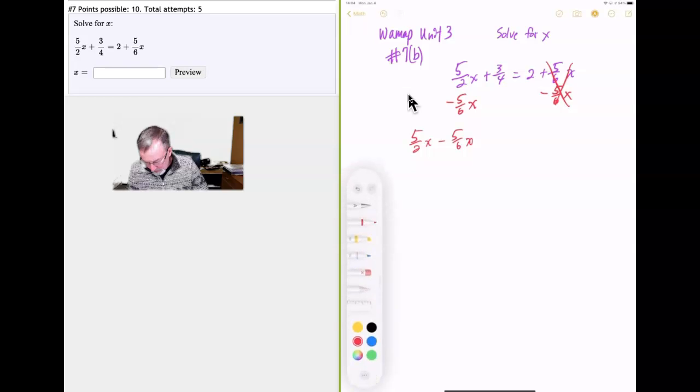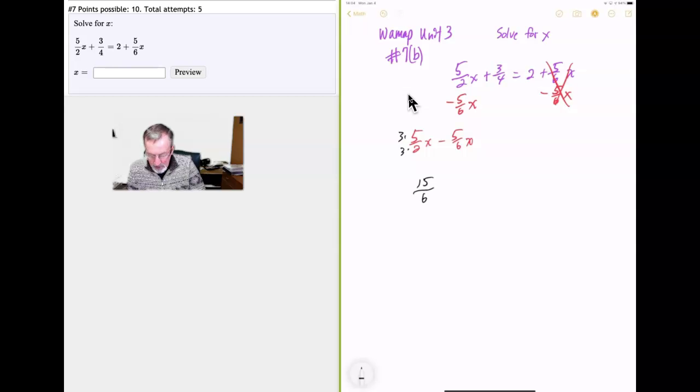We need the same denominator, so we're going to multiply the top and the bottom by 3. And we'll get 15/6 x minus 5/6 x. And so it's just a matter of subtracting 5 from 15. We'll get 10. And our unit there is sixths. That's the denominator. And then x, 10/6 x.